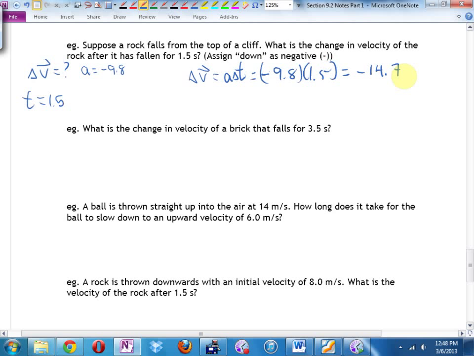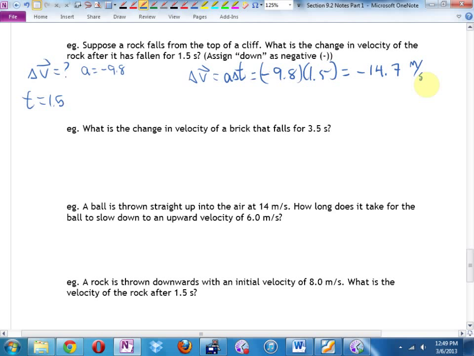Units: it's velocity, meters per second. What's that saying? That's saying that the object is increasing speed in the negative direction. Its change in velocity was negative 14.7 meters per second.